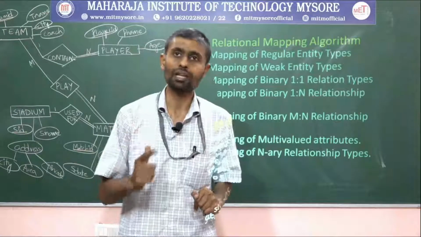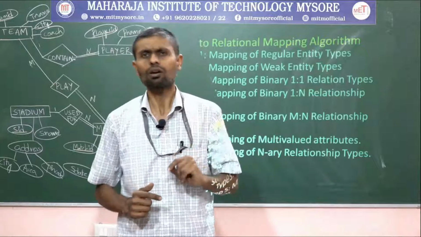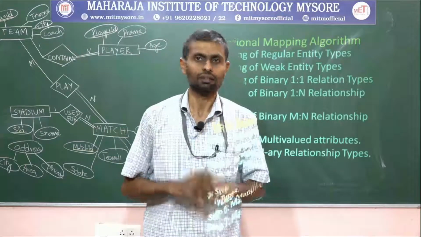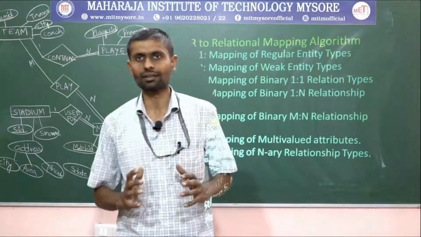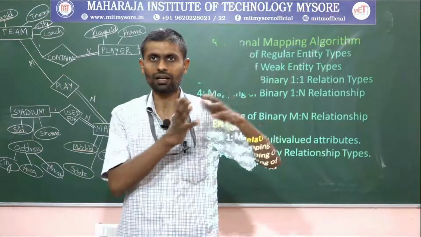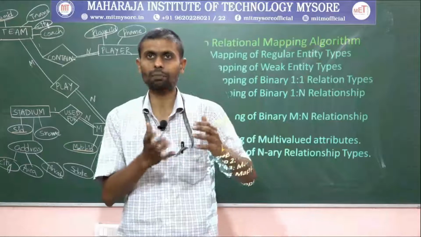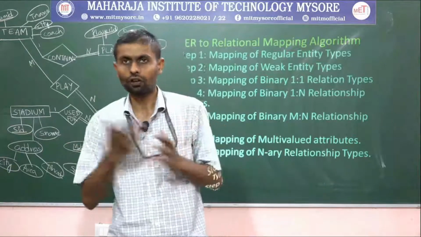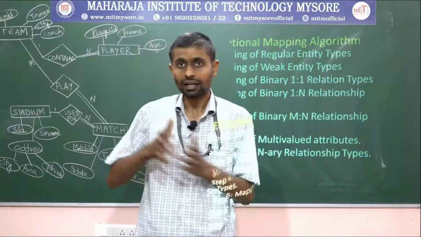Instead, we are making use of a foreign key approach. What exactly is the foreign key approach? It tells us to make use of a primary key attribute from a participating entity type as a foreign key in another relation.